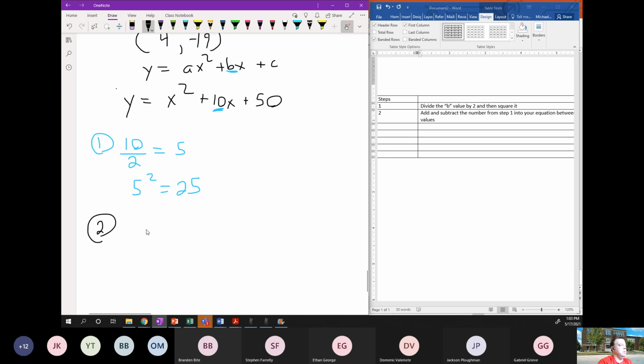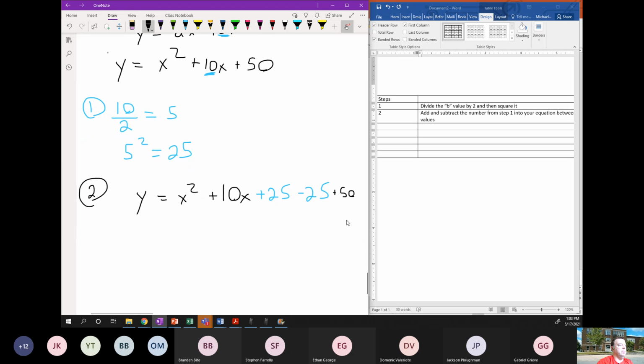So step two, y equals x squared plus 10x. Then I'm going to add 25 minus 25. Then I still have my 50 here at the end. Okay. Does that make sense to everybody so far? Yes, no, maybe so? Okay.